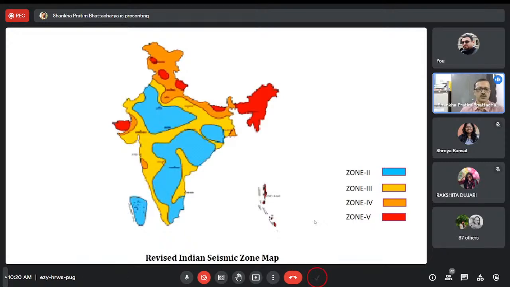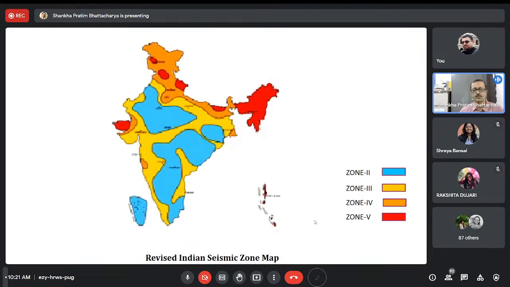In the west, Bhuj is there. Even Delhi, the total NCR, Faridabad, Gurgaon, every city is in zone 4. And the whole Andaman and Nicobar Islands are in zone 4.